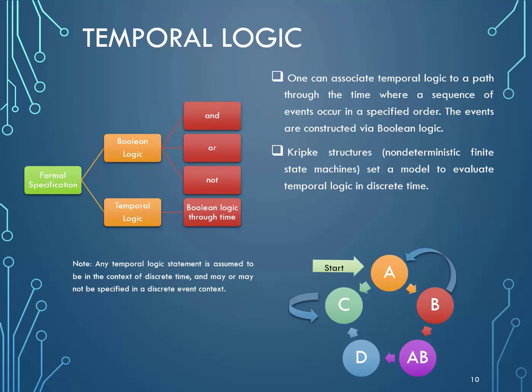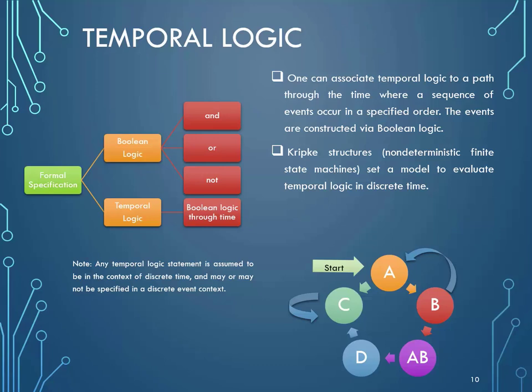And this can be understood with some structures, like Kripke structures, which are non-deterministic finite state machines. So it is nothing but a model to start abstracting our initial thinking, Boolean logic that is happening through time. Normally, this is what finite state machines are.